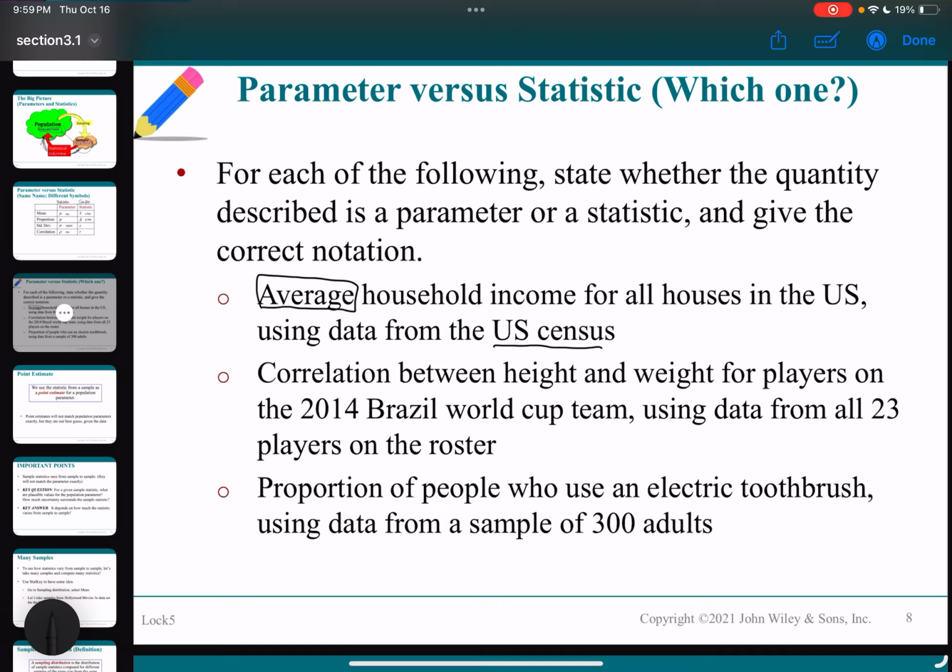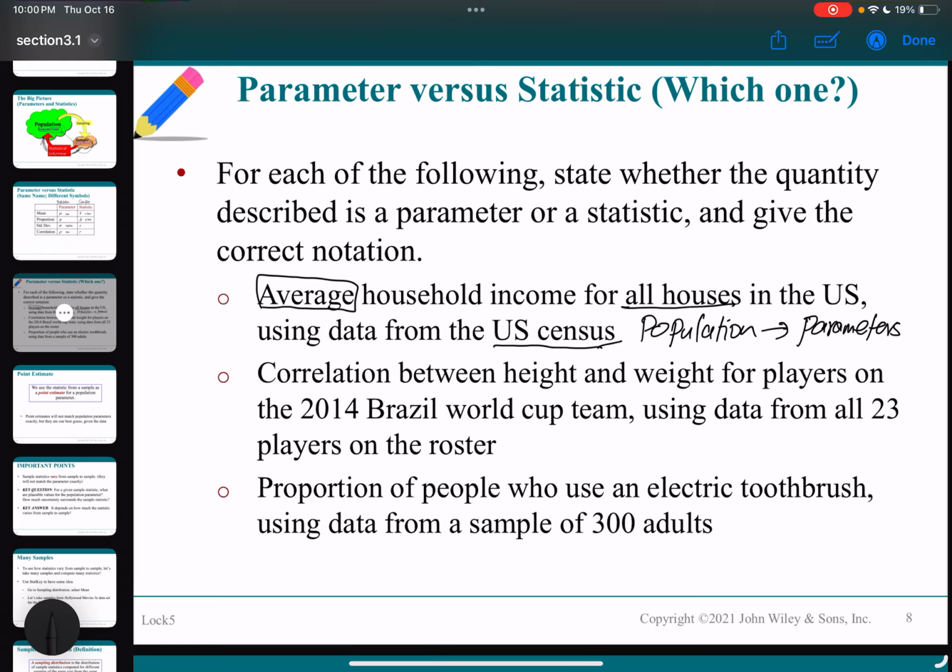I told you earlier in the class that the US census uses the entire US population, and here they have also mentioned all houses. That means we are dealing with the population, so we need parameters.